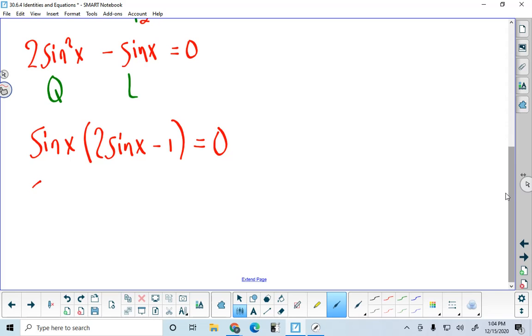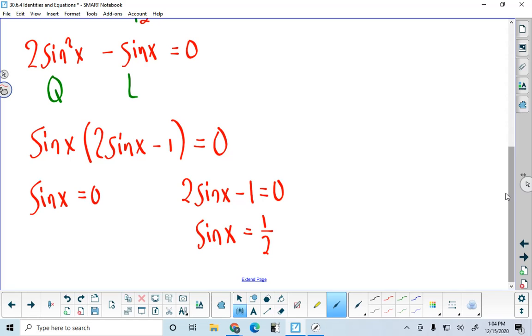Now we're going to have sine of x equals 0 and 2 sine of x minus 1 equals 0. 2 sine of x minus 1 equals 0 is the same as saying sine of x equals 1/2. Where are the locations?